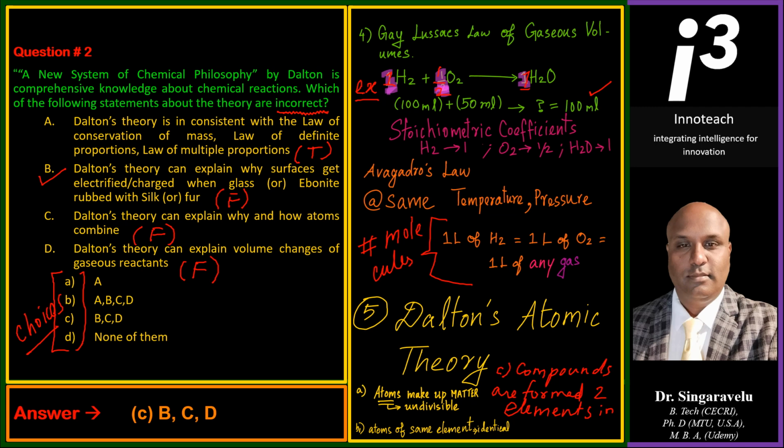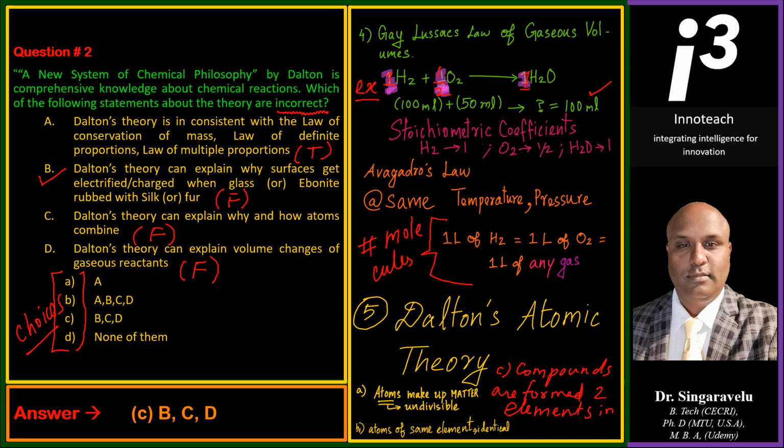The volume changes of gaseous reactants are similar to the law of definite proportions for solid state reactants, whereas Gay-Lussac's law is similar to that one but for gases, or the law of definite proportions for gaseous reactants.